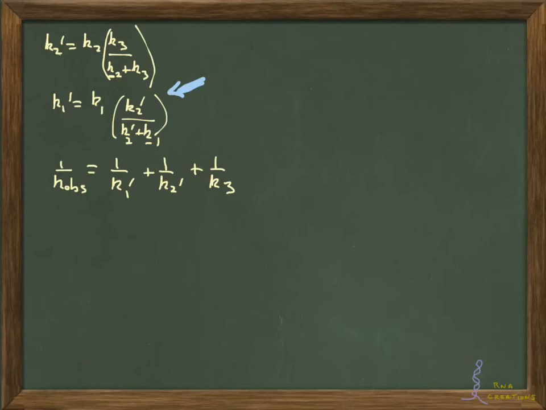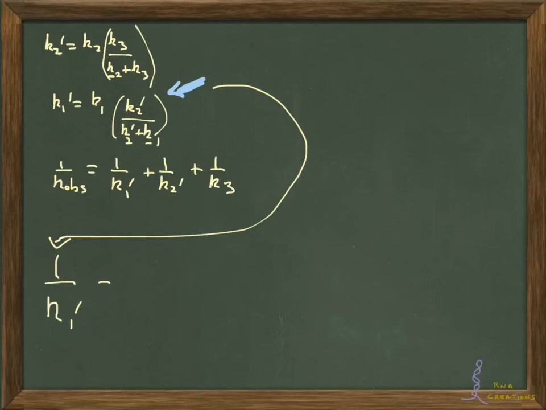So in other words, for this equation, 1 over K1 prime equals K2 prime plus K minus 1 over K1, K2. Hold on, I did this earlier.